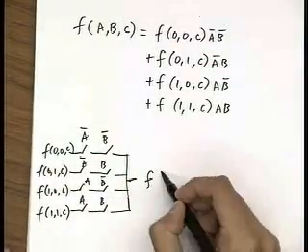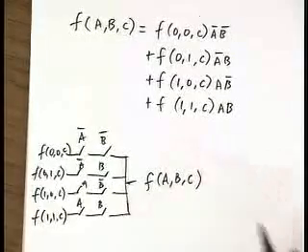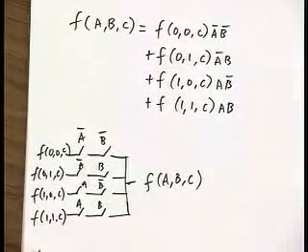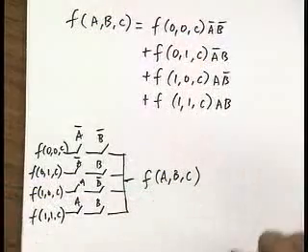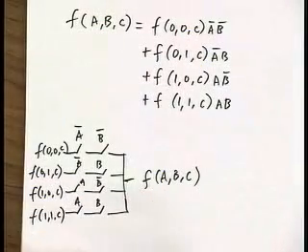This is my function f of a, b, c. Okay. So you can do that for any number of variables you want, and then you can easily implement logic based on multiplexers. Okay.